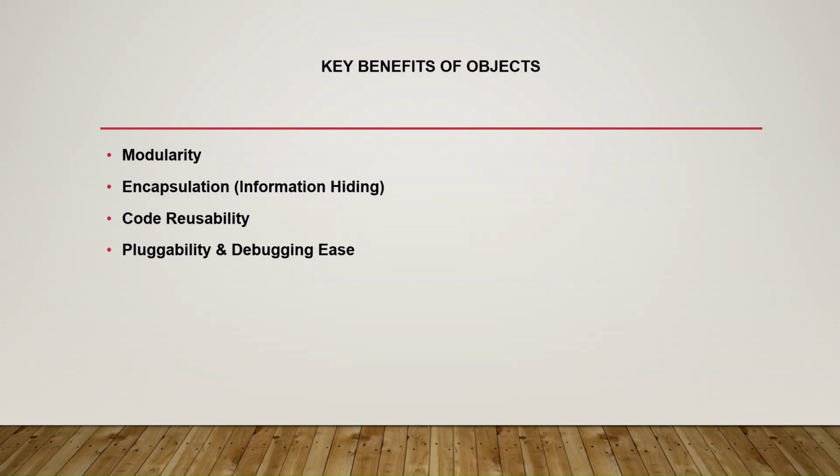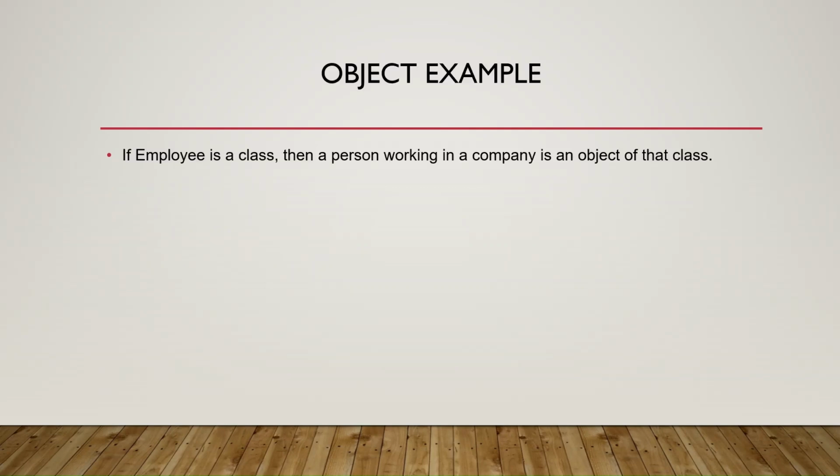This mirrors real world problem solving. For example, if a bolt in a machine breaks, you replace the bolt, not the entire machine. Example: if employee is a class, then a person working in a company is an object of that class.